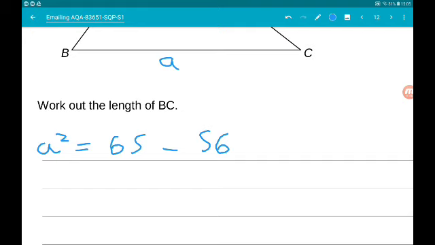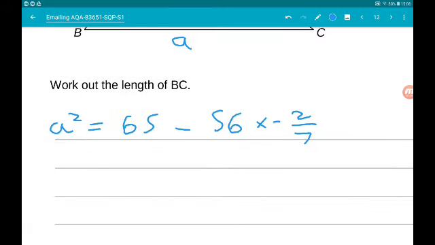Cos of the angle is minus 2 sevenths. So we got minus 56 times minus 2 sevenths.